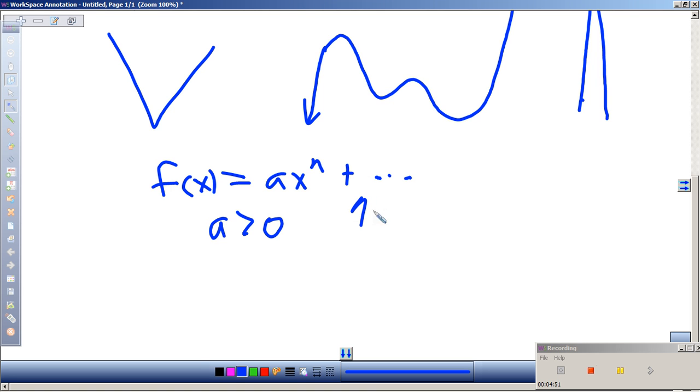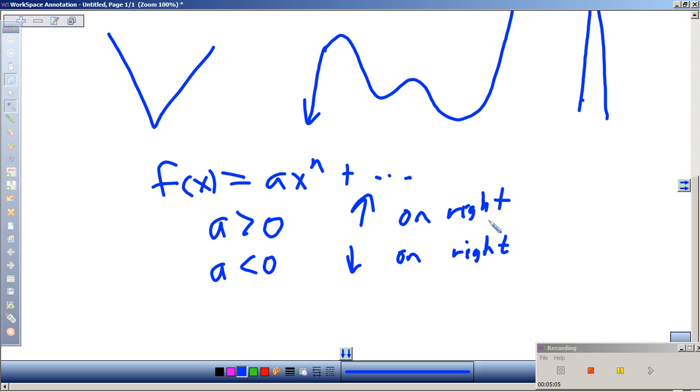So it's going up on the right side. If a is less than 0, what's happening on the right? What this means is we can look at just what's happening on the right-hand side and know whether the leading coefficient is positive or negative. Now, it does not tell us if the degree, or the exponent, is even or odd. What we have to do is compare the sides.